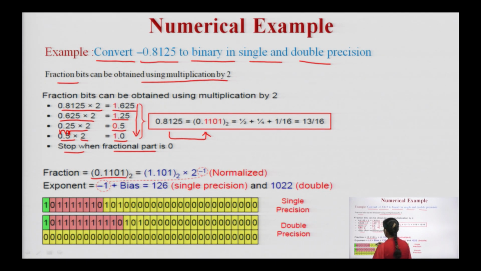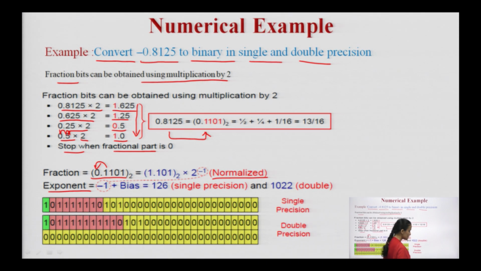Normalize this number. That says shift it here, that is 1.101 base 2 into 2 to the power minus 1, because we need to do the normalization. Then move on to the exponent part.